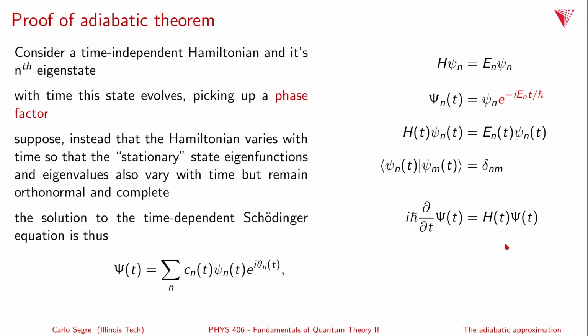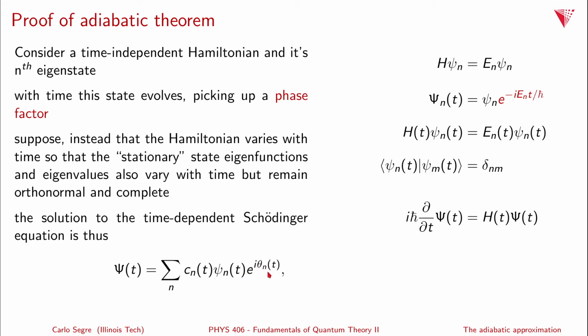And we're going to write the solution to this equation as a sum, as an arbitrary state is going to be a sum of eigenstates with coefficients. So we have sum over n, c sub n of t. Now this has to vary with time also because everything's varying with time. Psi sub n of t, e to the i theta sub n of t.